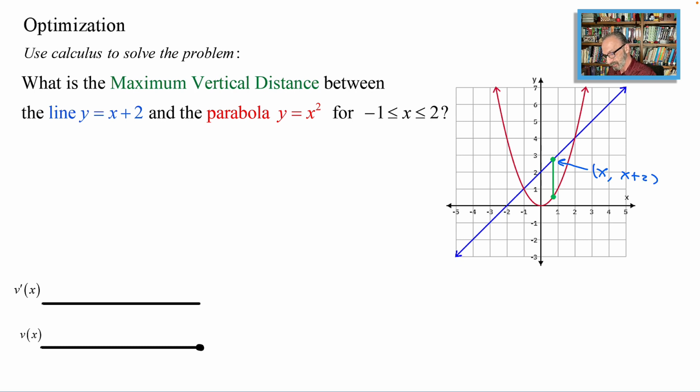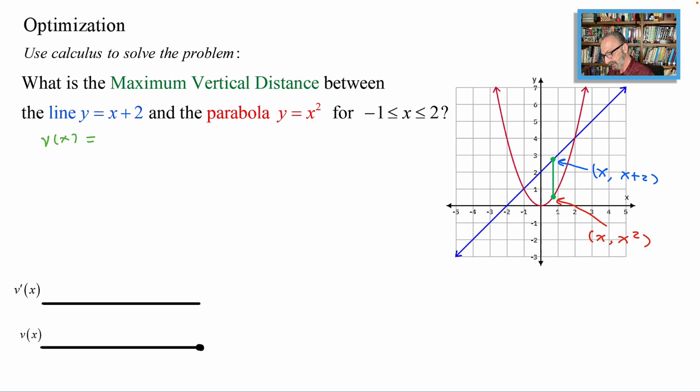The bottom one belongs to the parabola, so we'll call this point x and x to the second. And we need the vertical distance, so the vertical distance will be v of x, which is y2 minus y1. That's how far they are apart.